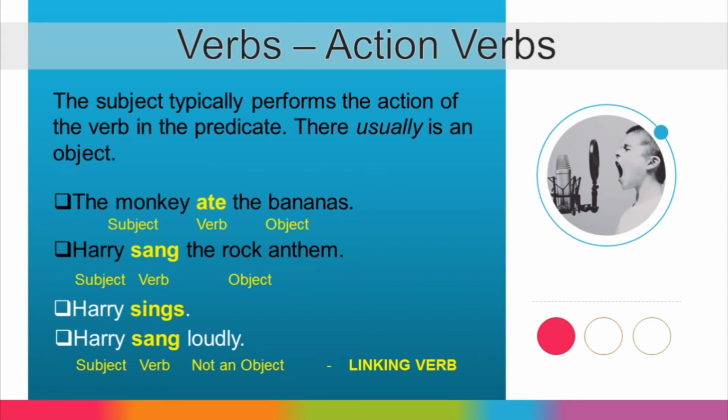And loudly explains the way Harry sang. So in this case, the verb is not an action verb. We call this the linking verb because who is being loud, who is singing loudly, is Harry himself. So this refers back, or reflects back, to the subject.